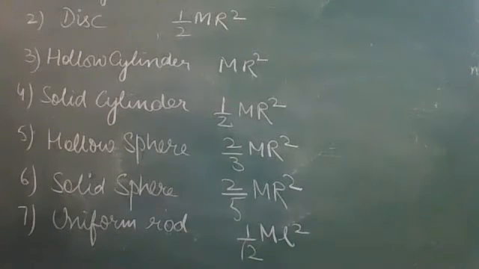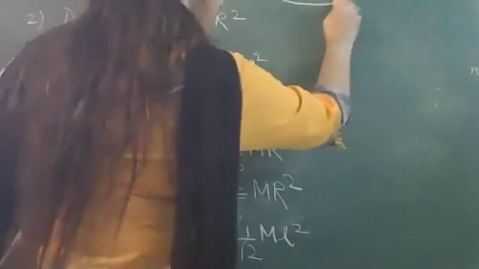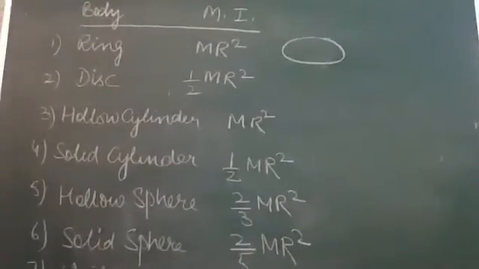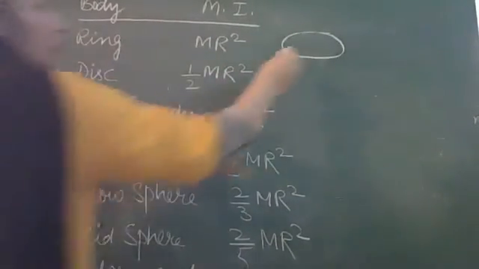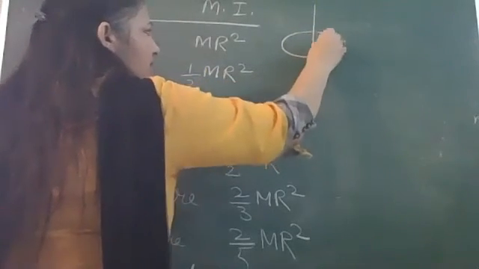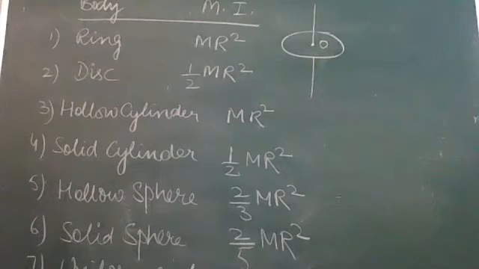Okay, clear? So you have to learn all these values. For example, this is the moment of inertia about a ring. I am drawing the ring like this because I am taking it perpendicular to the plane of the board. This moment of inertia I have written about an axis passing through its center and perpendicular to its plane.